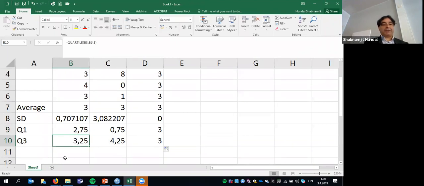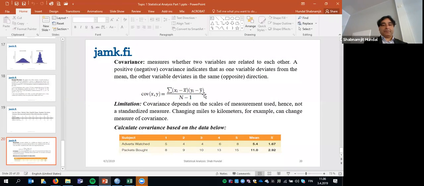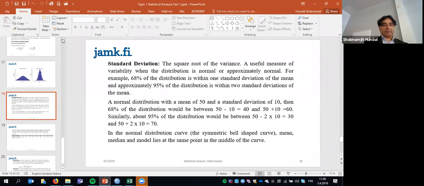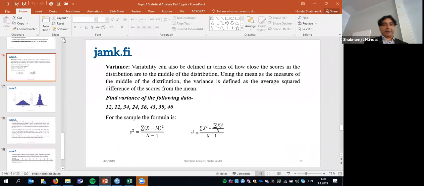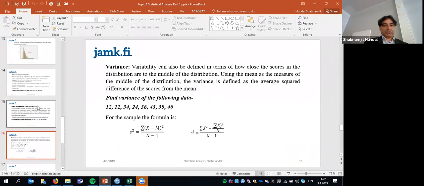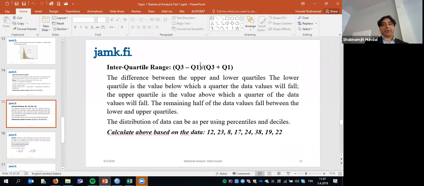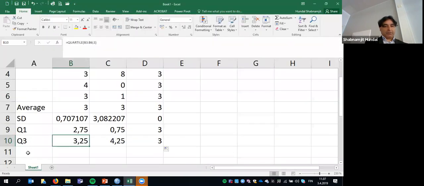The formula of the quartile range is this: Q3 minus Q1 divided by Q3 plus Q1. Okay, so let's see how much is the quartile range. Let's call it QR.